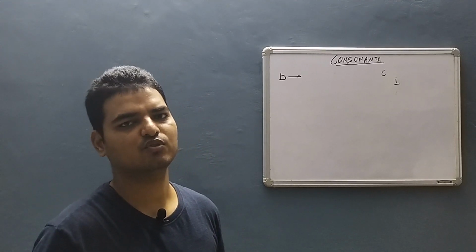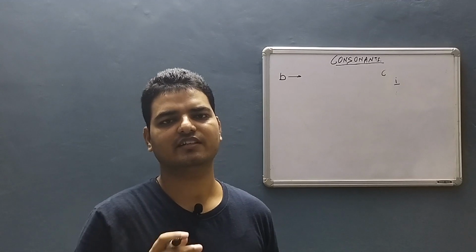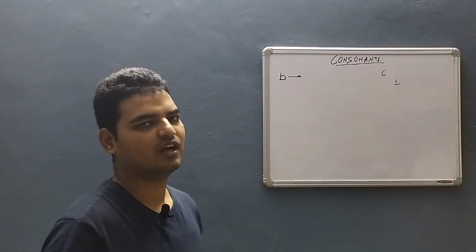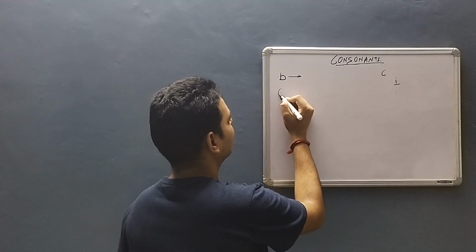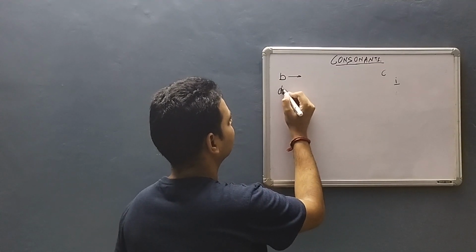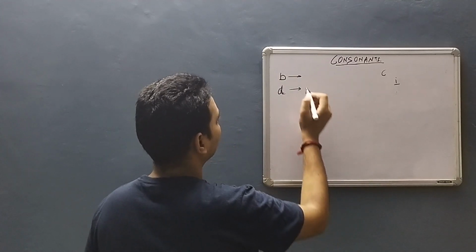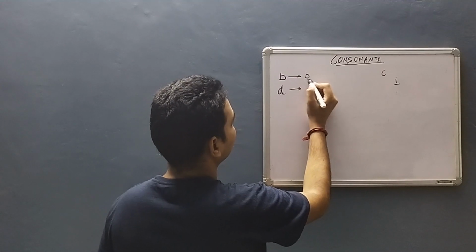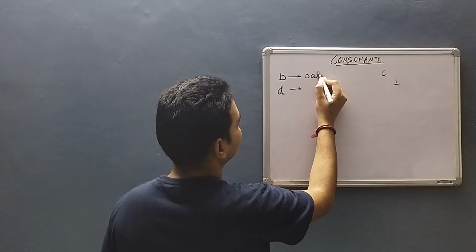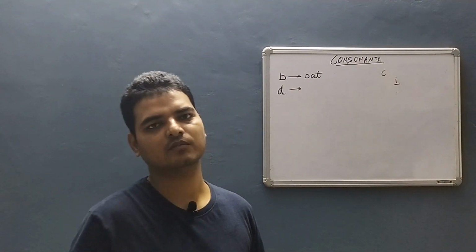So let's move to the next letter of English, that is D. D is actually a consonant. Our second consonant is D. For the example of the first consonant B, you can understand it with the help of bat, like we play with bat and ball.